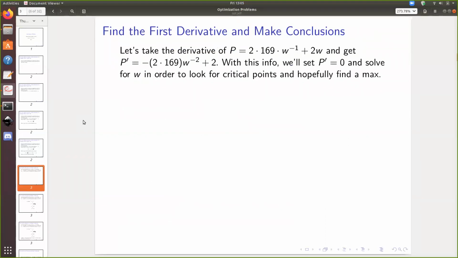So let's go ahead and take that first derivative, and we're going to get that P prime is equal to negative 2 times 169 times W to the negative 2 plus 2. All I did here was I did the derivative of 2W, which is 2, and the derivative of this, which we ignore the numbers, remember, and we bring down that negative 1, and then subtract the exponent of W by 1.